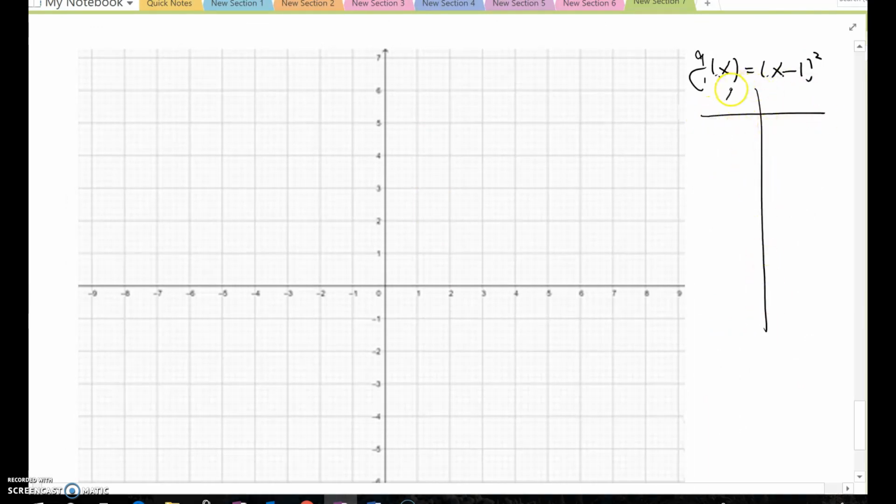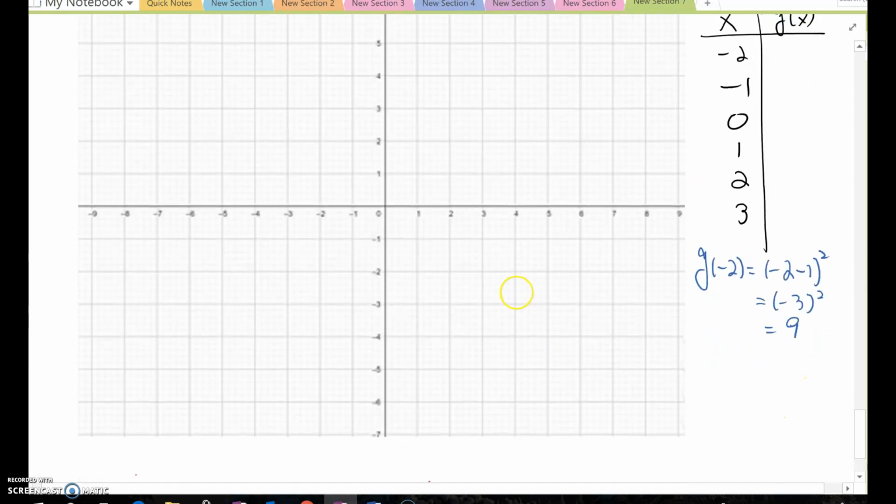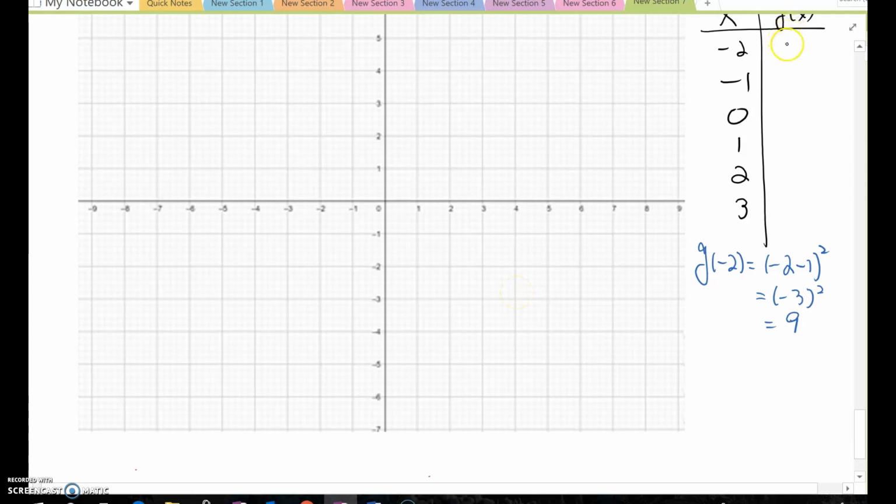So x and g(x): -2, -1, 0, 1, 2, maybe one more, 3. If I do a similar procedure, then I can say g(-2) means (-2 minus 1) squared, which is (-3) squared, equal to 9, right? So when x is -2, the outcome becomes 9.